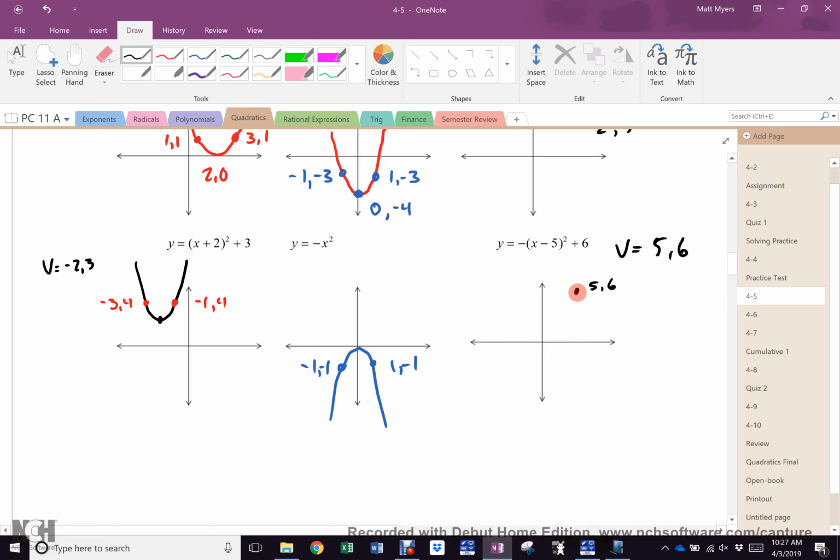So it's going to go like this, right? What's that first point going to be? 4, 5. What's that point going to be? 6, 5. Y's stay the same across. X's are what changes. Is everybody cool?